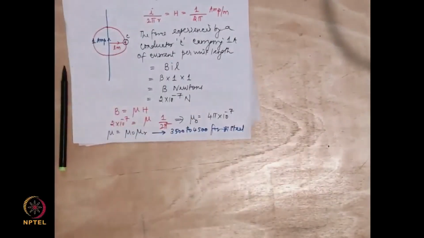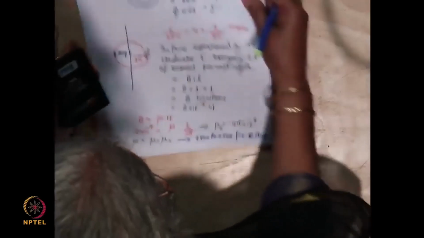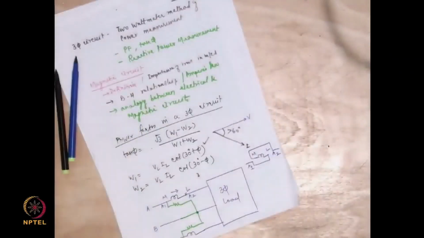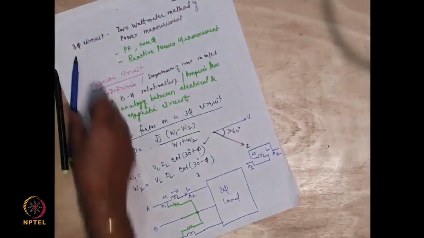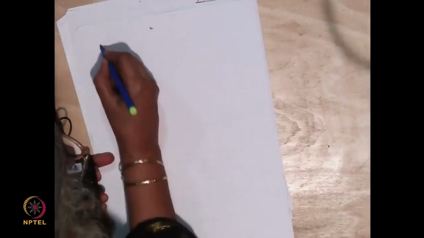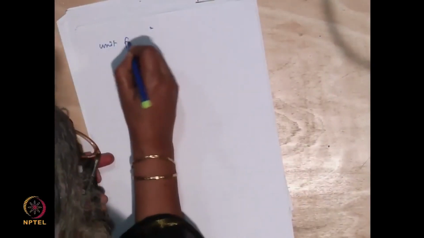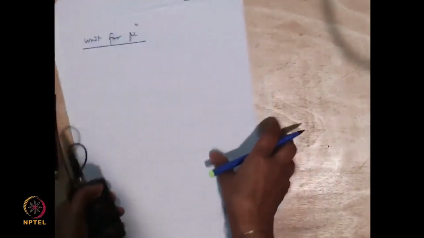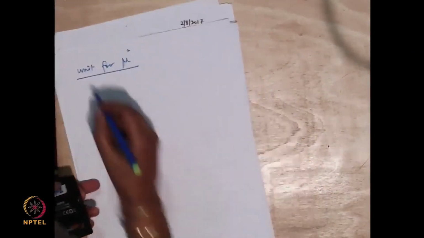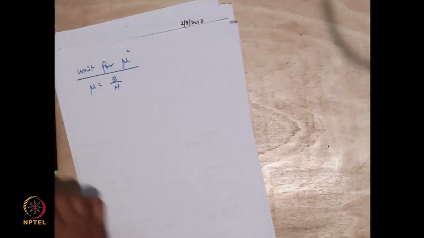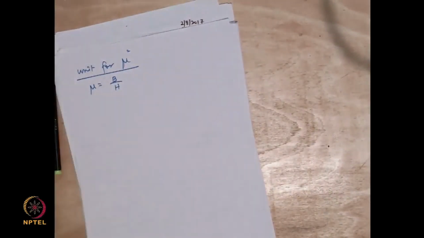Okay? Now let us try to arrive at the unit for mu. We said that mu equals B divided by H, right?